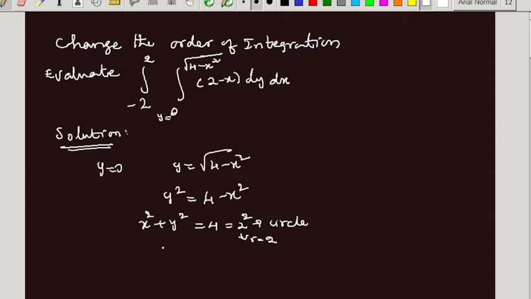We can modify this and write x square equal to 4 minus y square, and x can be written as plus or minus square root of 4 minus y square. So here we have the circle.